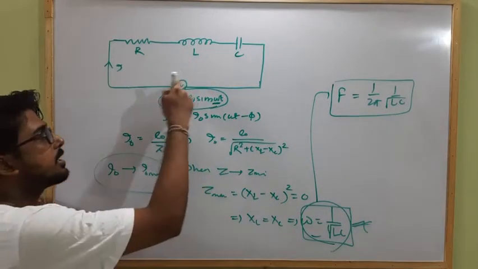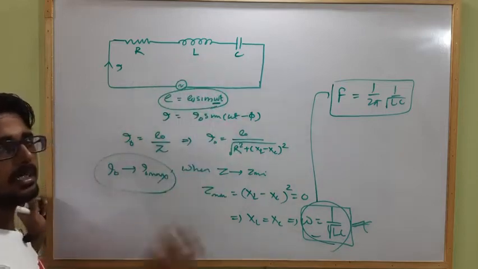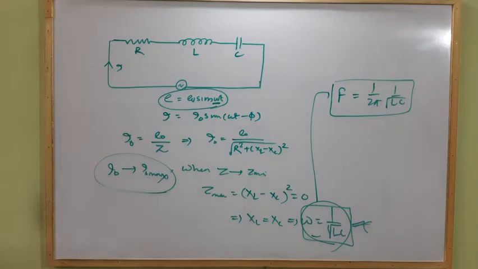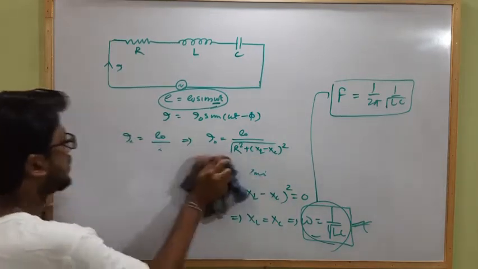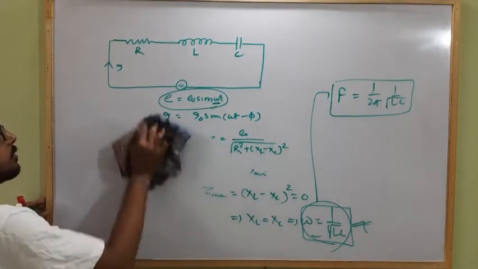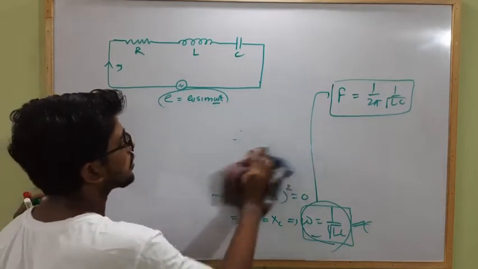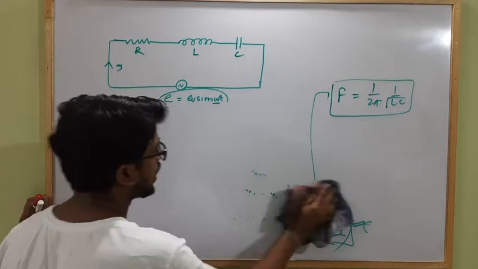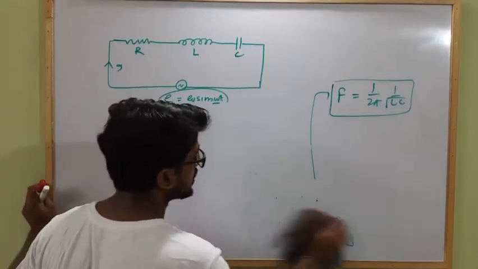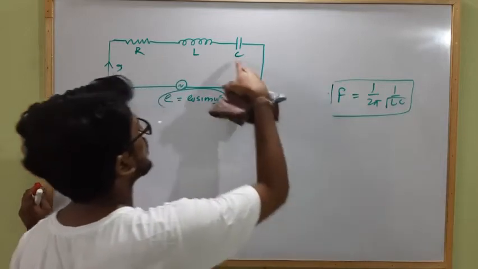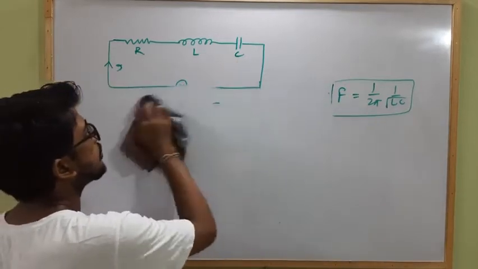And when electrical resonance happens in an LCR circuit, that circuit is known as a resonance circuit. So when the applied EMF provides a frequency equal to the natural frequency of the given LCR circuit, because in each LCR circuit we have an inductor, a capacitor and a resistor. Resistor is independent of omega, but the inductance and capacitance both depend upon omega.